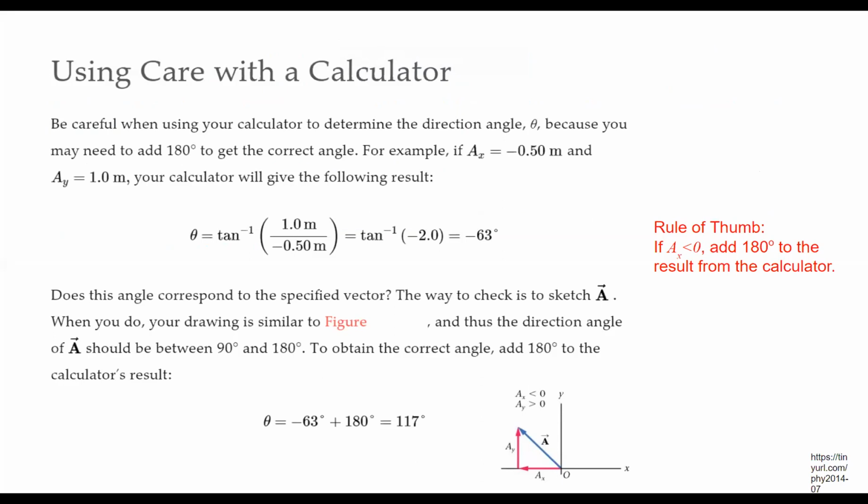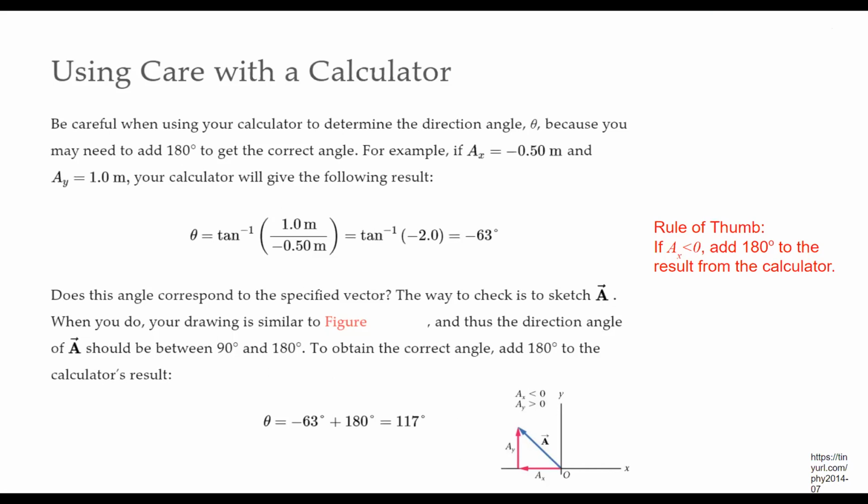If at the end of your calculation you were able to figure out the x and y components, just like what we did earlier, now in the example we had both x and y as positive numbers.